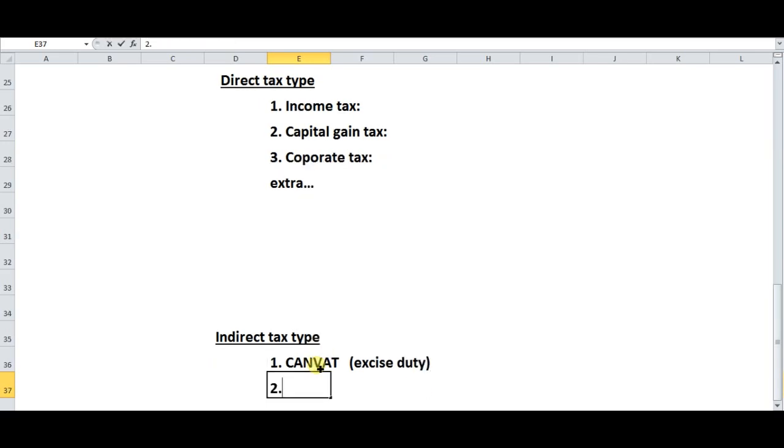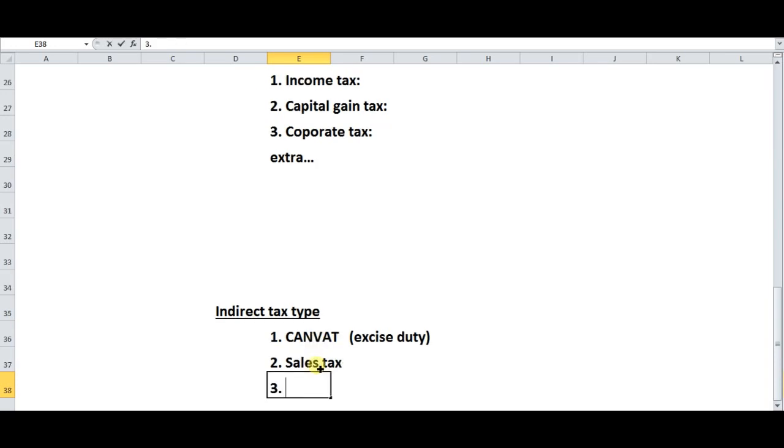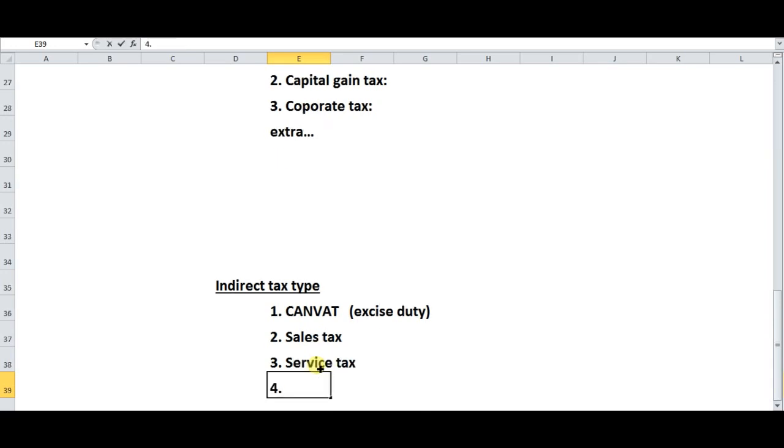Second one, sales tax. Third one, service tax. Fourth one, freight duty.